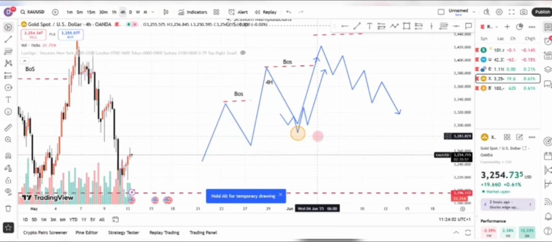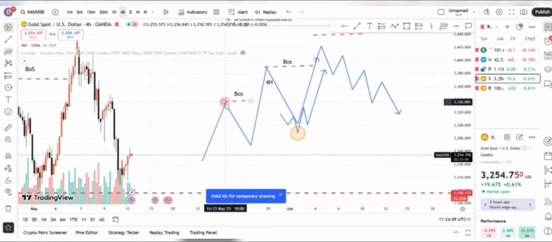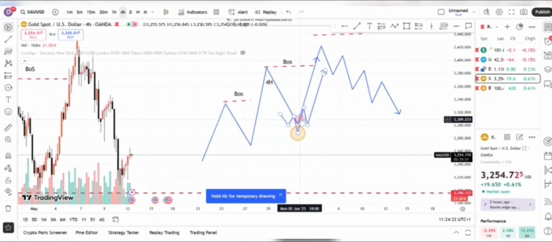Every setup works. So notice that price started from here, got to this point, came down here, got to this point. Hello, can you hear me? Then now price is doing this kind of disco dance, and then makes this low, created another low, breaks it down, and then went up.